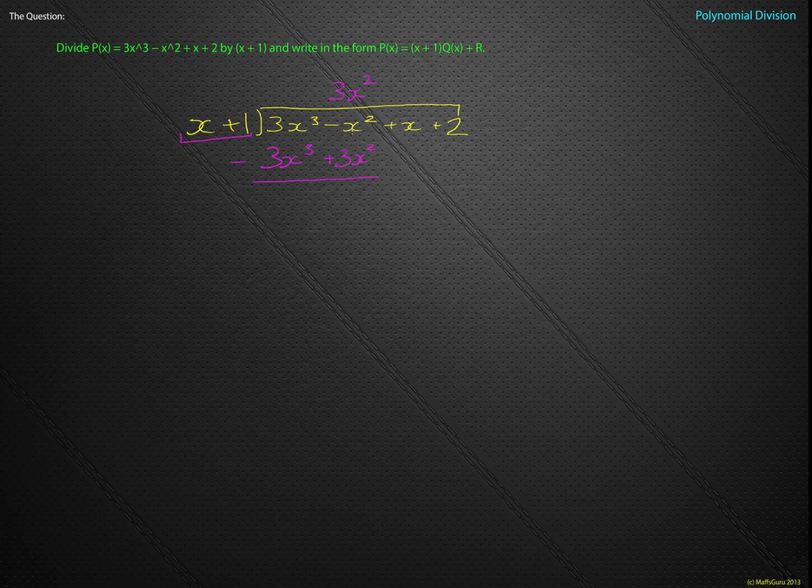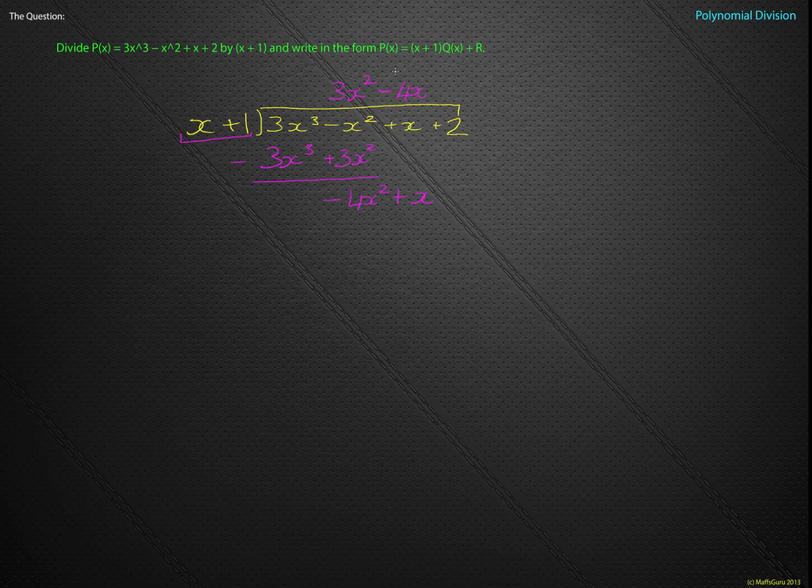Minus x squared minus positive 3x squared is actually going to be minus 4x squared. I've done a sum, I must copy down the top line. And we start again. We do x into minus 4x squared, which is minus 4x.